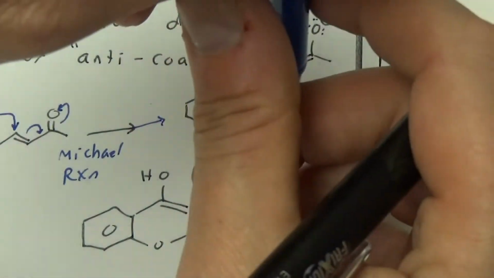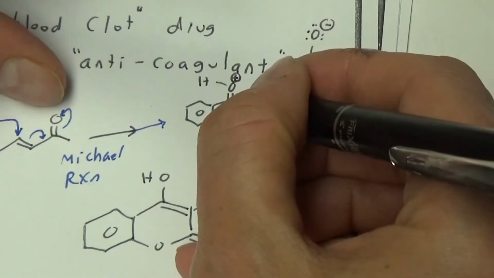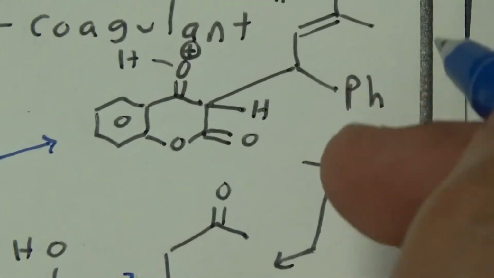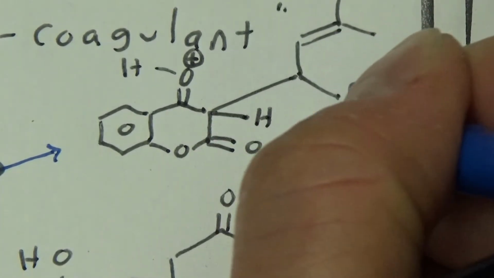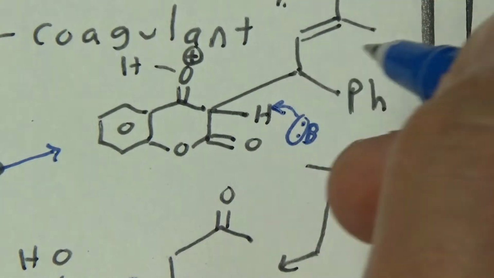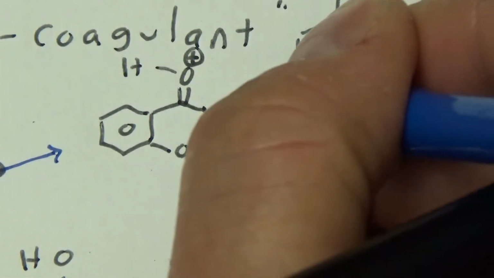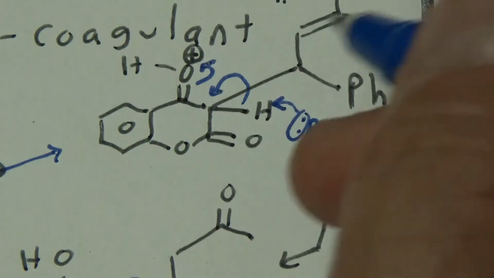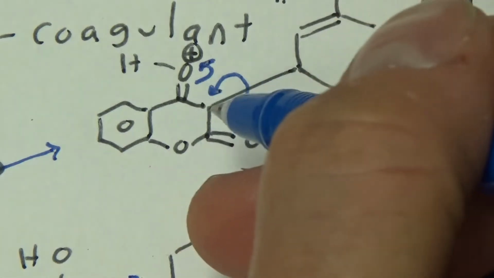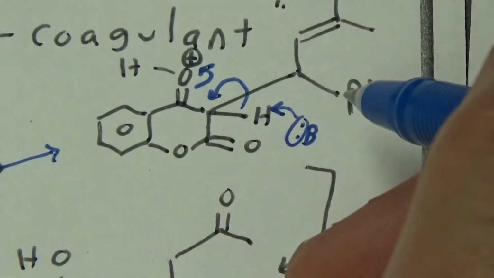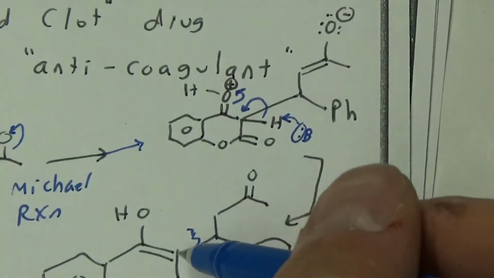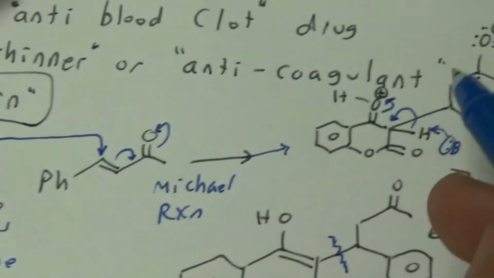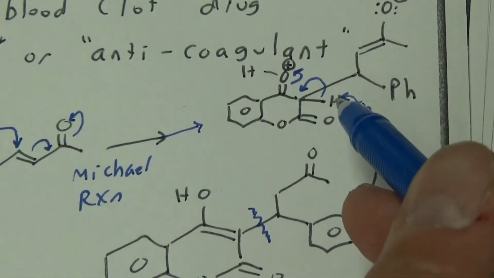So all that happens is two things. One thing is that a base takes this proton and pushes the electrons back onto oxygen. That's easy. See that? Base takes proton, reforms a double bond, and pushes electrons up onto oxygen. And that gives us our enol back. So we start with the enol, attack, we get a ketone, and then we regenerate the enol.